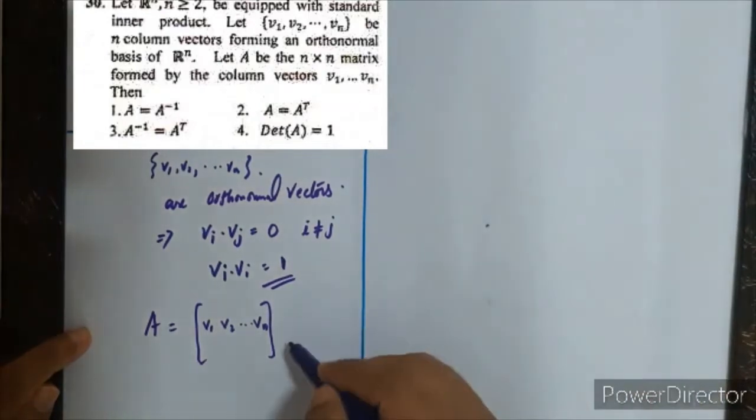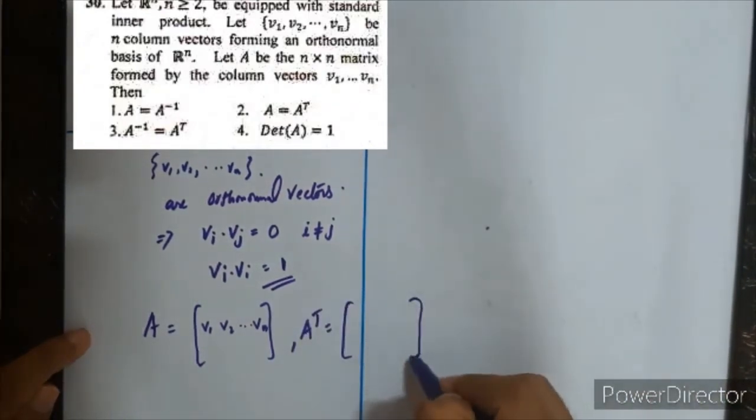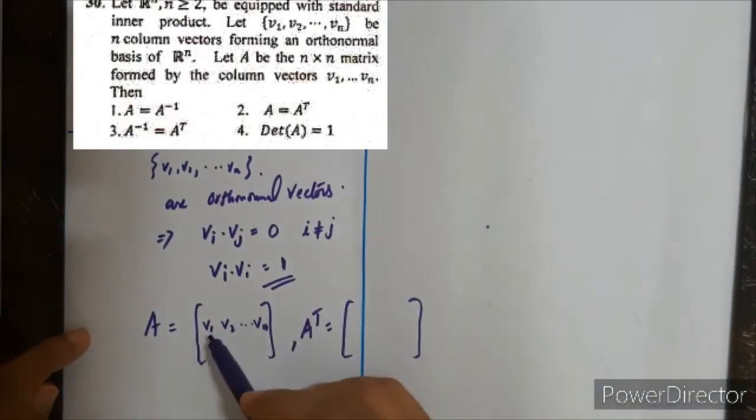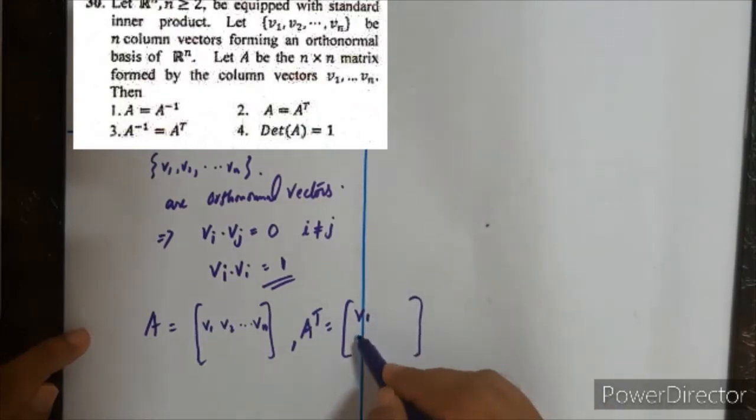So if I take A transpose, what will be the transpose of A? A transpose will be: v1 is here as a column, and that column becomes a row, v1, next v2 is the second row, v3, etc., vn.